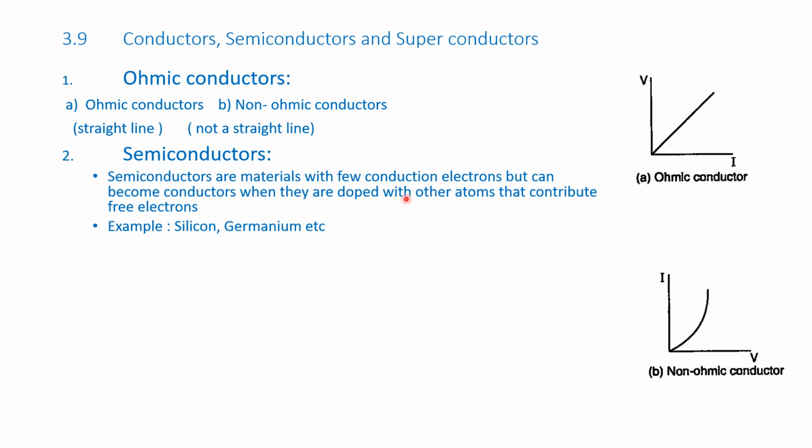That means when impurities are added to semiconductor materials like silicon, they become conductors. Similarly, if they are heated, due to intrinsic energy, the electrons gain energy and move from the valence band to the conduction band. The details of semiconductors we will study in chapters 10, 11 and 12.